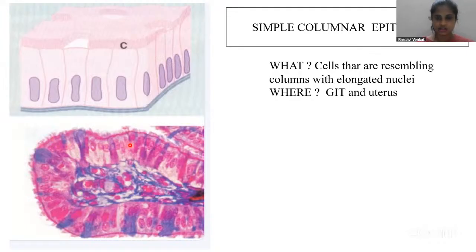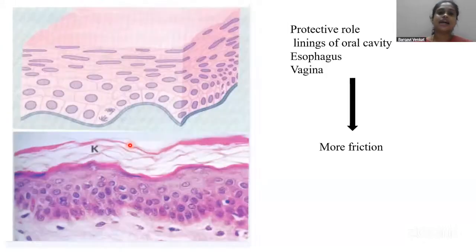Now coming on to the stratifications. You can see this is your basal lamina, and these are your epithelial layers. In the histological image, this one is the basal lamina, and these are your epithelial cells. Where is it seen?